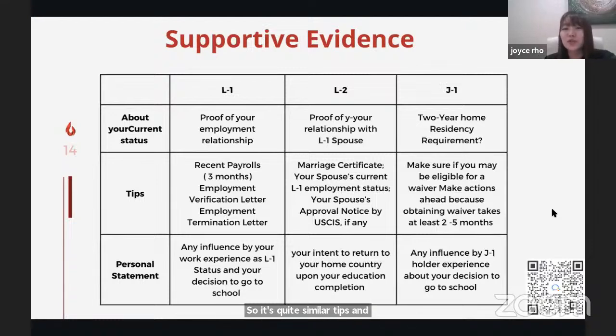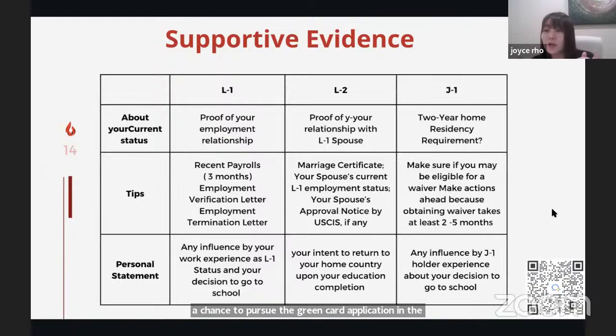As I mentioned, because of the dual intent of L-1, that's the reason to talk about this point. A USCIS officer may think that when an L-2 applies for a change of status to become an F-1 student, the spouse who is an L-1 visa holder has a chance to pursue a green card application in the future, so this person might have intent to reside here.